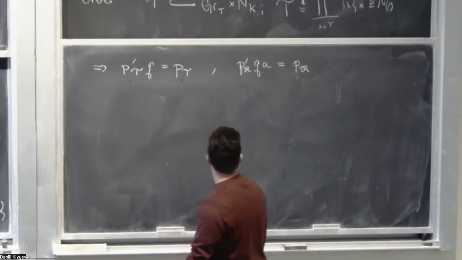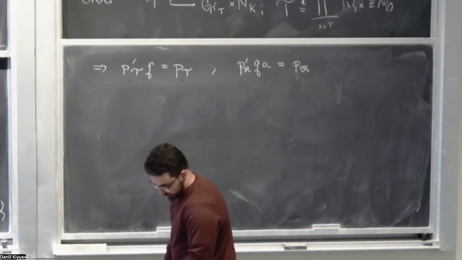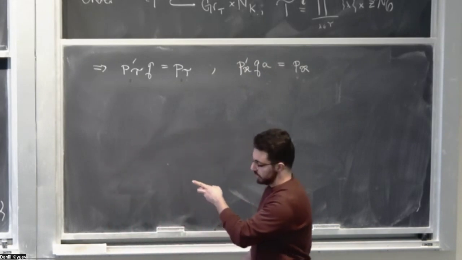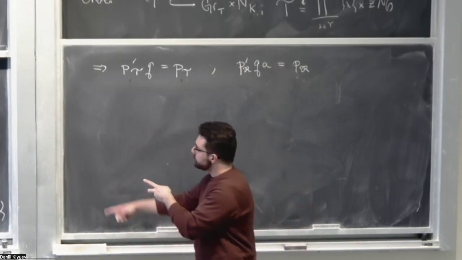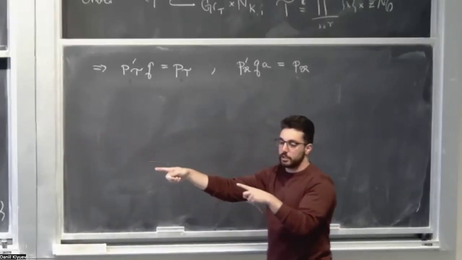Maybe I'm not going to write the formulas that I was going to write now, but I'll just say what they say. One thing we use abelianness for is that the things appearing in the convolution diagram are smooth.